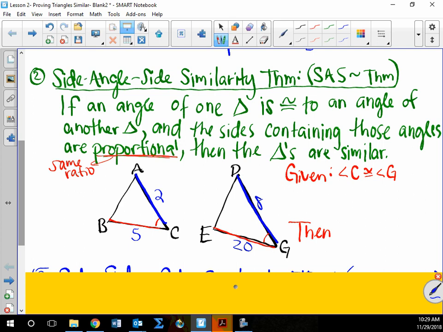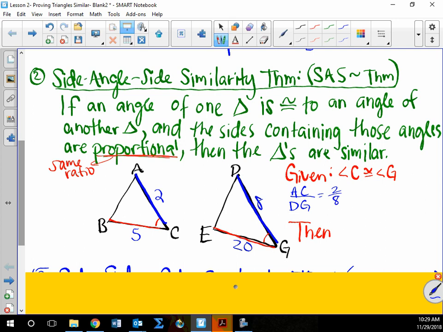So on my left triangle, which side is my smallest side? 2. So side AC. So I'm going to compare the measure of AC, and that matches up with what on the triangle right side? DG, good. So I'm going to compare AC to DG. That would be comparing 2 to 8.